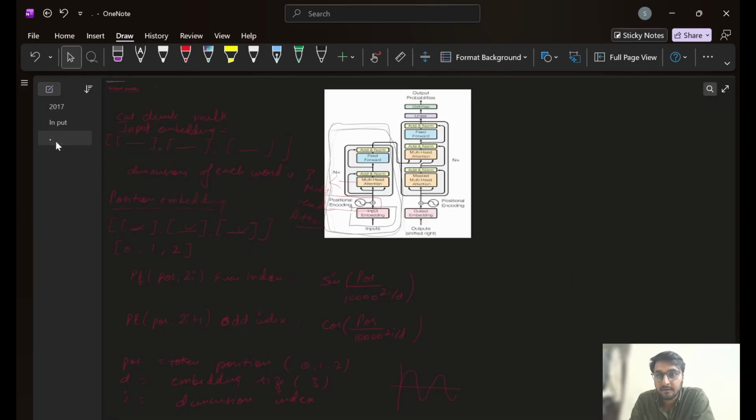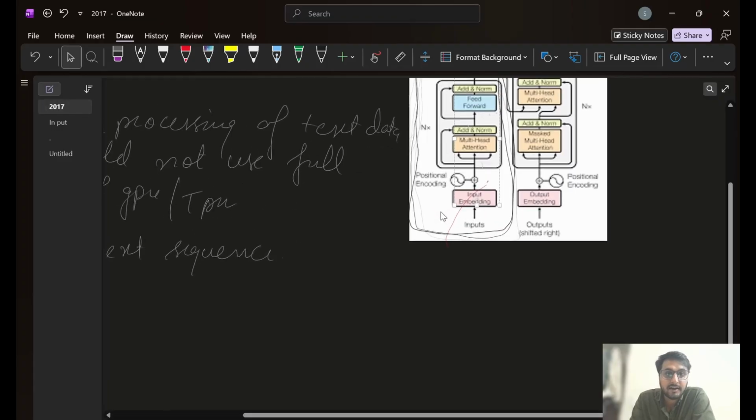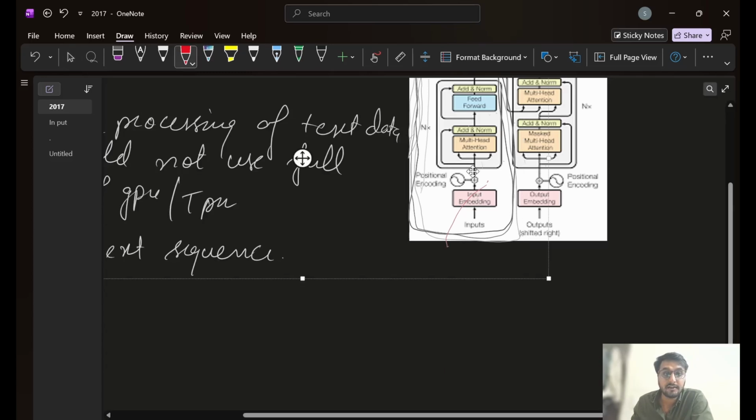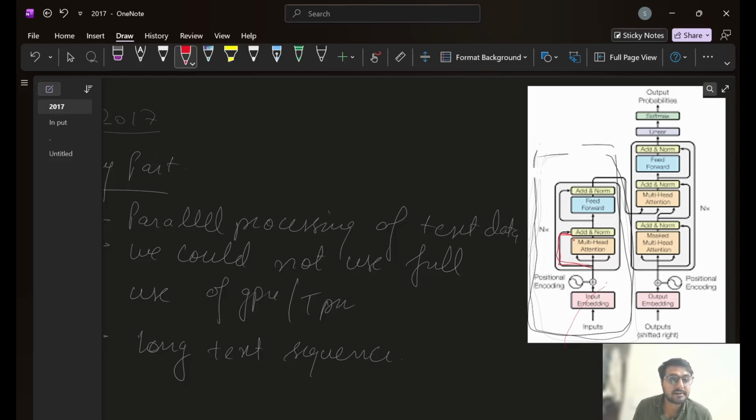Add and norm. Also, there is one more thing, this skip connection. What is this skip connection? This skip connection is used to stabilize the training. Since our input embeddings are passed through multiple stages, to retain the original meaning of the word we are using this skip connection.